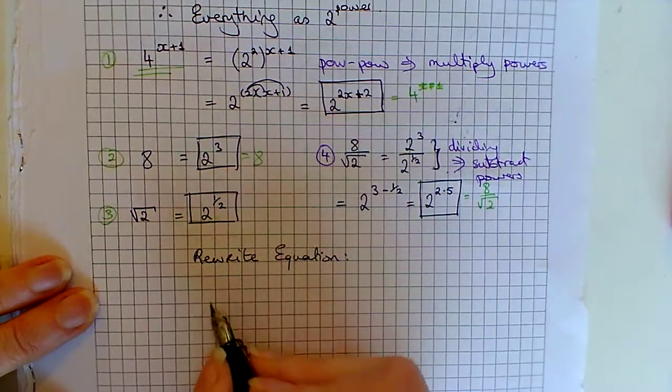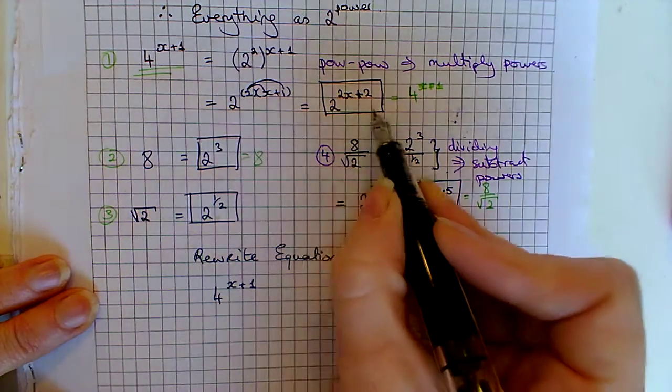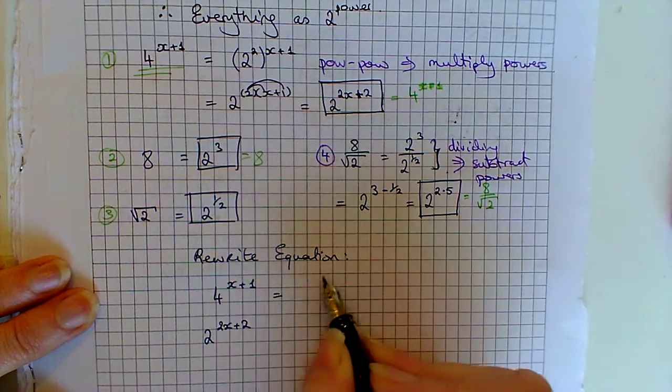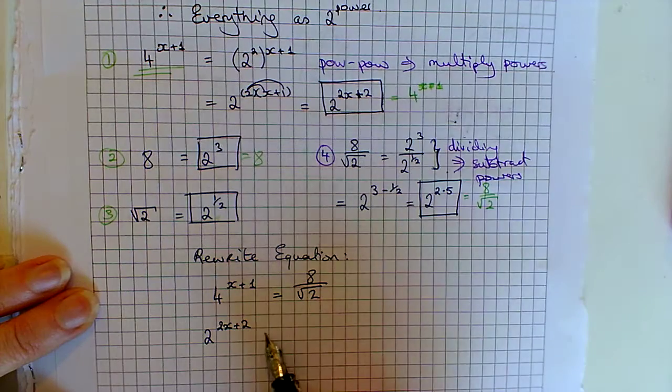And I rewrite it like this. Instead of 4 to the power of x plus 1, I have 2 to the power of 2x plus 2, and instead of 8 over the square root of 2, I have 2 to the power of 2.5.